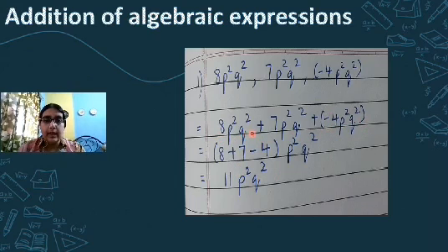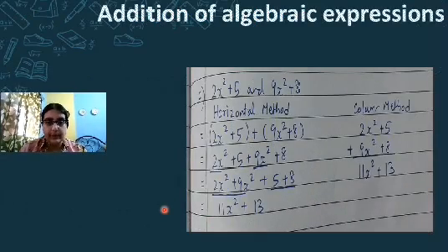Now since these are like terms, I take the variables outside, that is p squared and q squared. I put the numbers inside the bracket and go ahead with the BODMAS rule. So I add the numbers first. 8 plus 7 is 15 and 15 minus 4 is 11. So I get the final answer as 11p squared q squared.